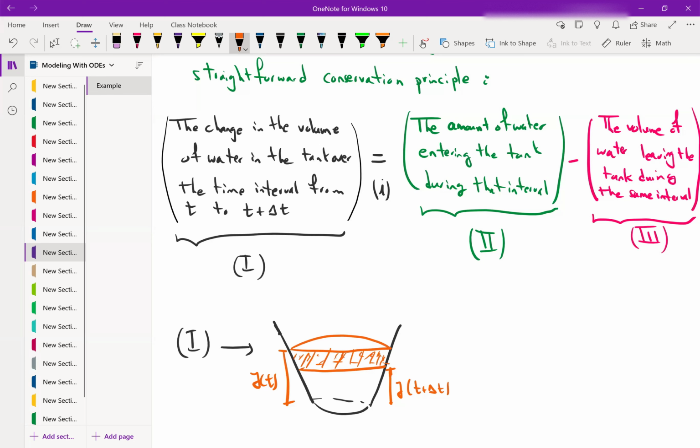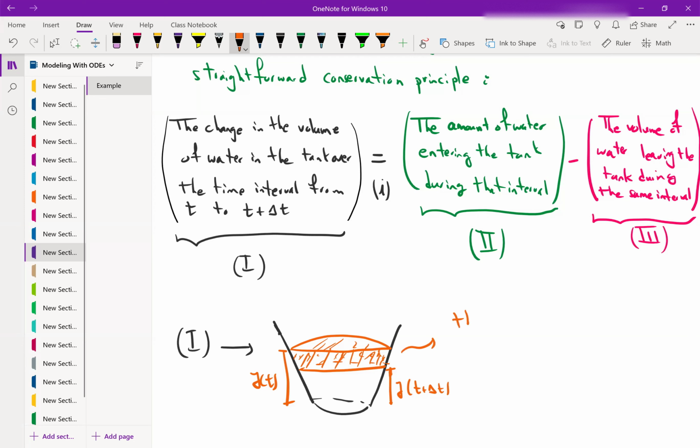The volume of this segment is the change in the volume of water over the time interval from t to t plus delta t. So this is what we want to compute: the volume of this shaded region, the change in the volume of water in the tank over the interval from t to t plus delta t. So let me actually write this.